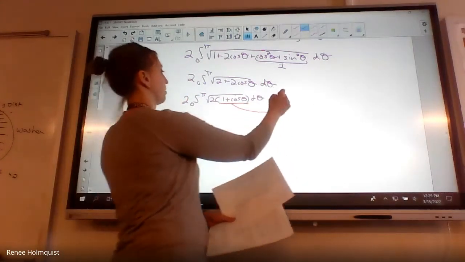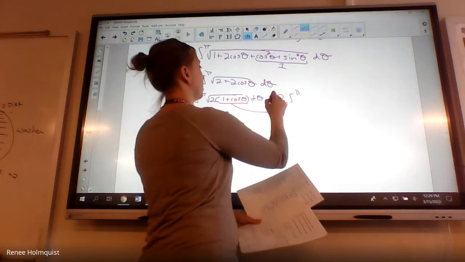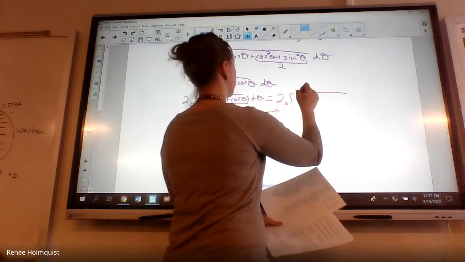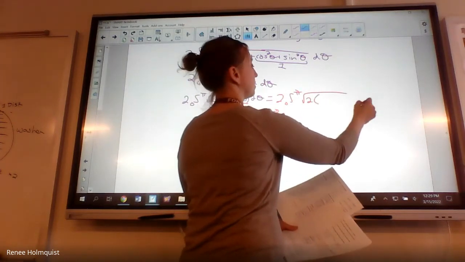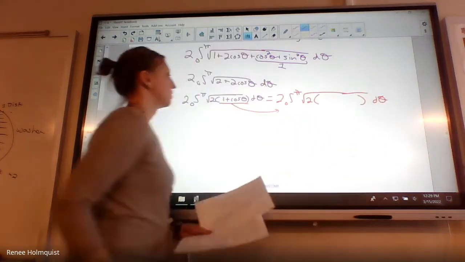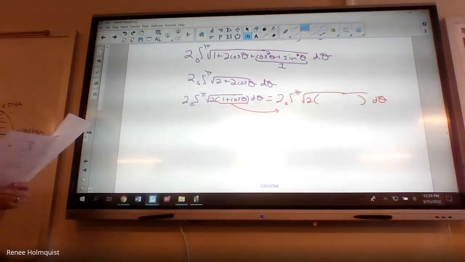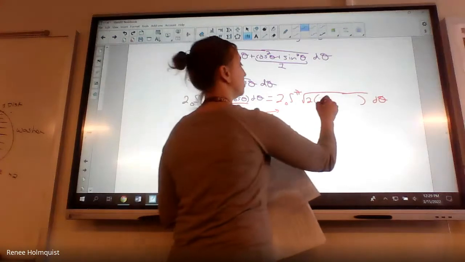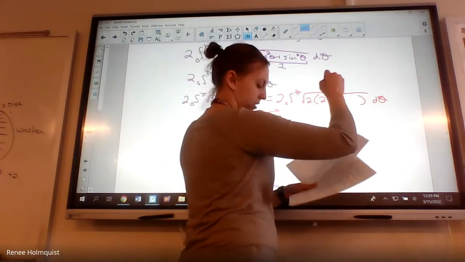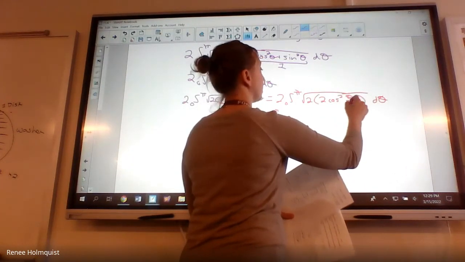0 to pi. The 2 is still there. So this would become 2 cosine squared of theta over 2.